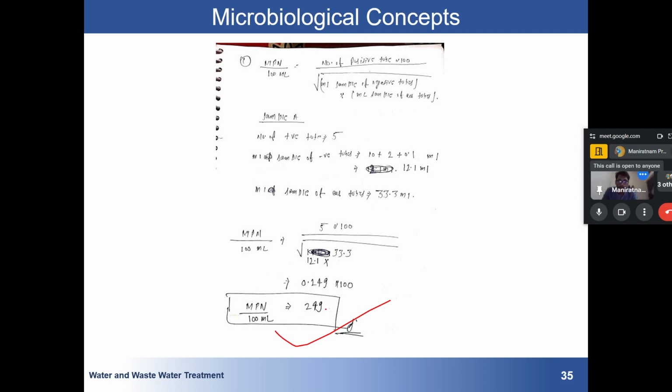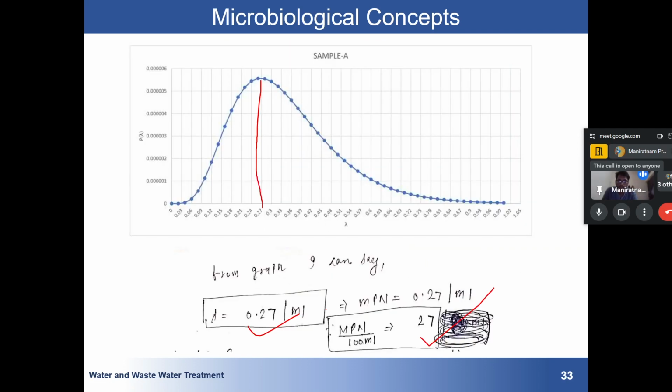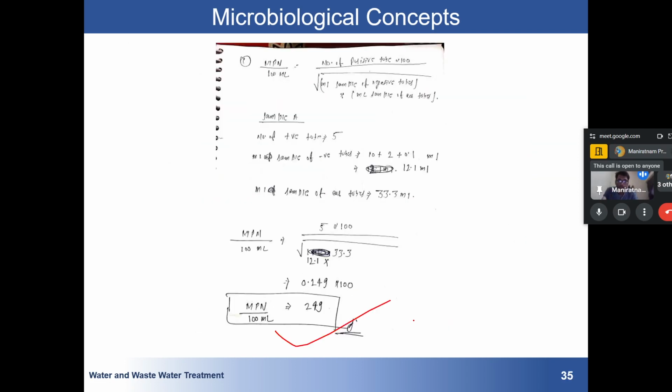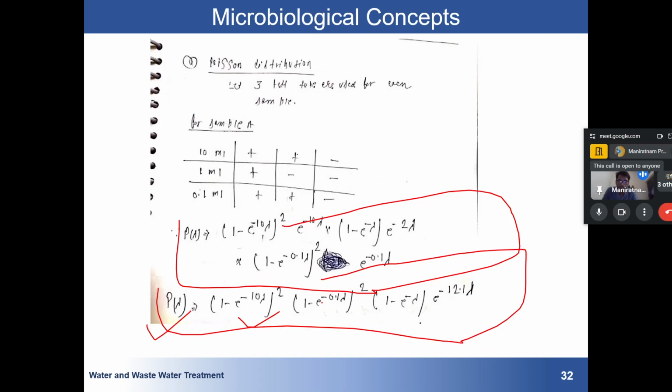Okay, so actually I have done some mistake here, because here per 100 ml is 27, but here it is 249. Some mistake has been done. I can find out what mistake I have done, but I won't go into it.